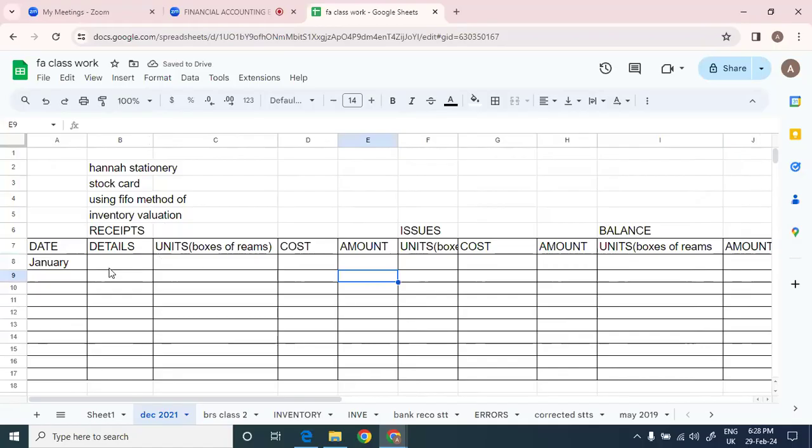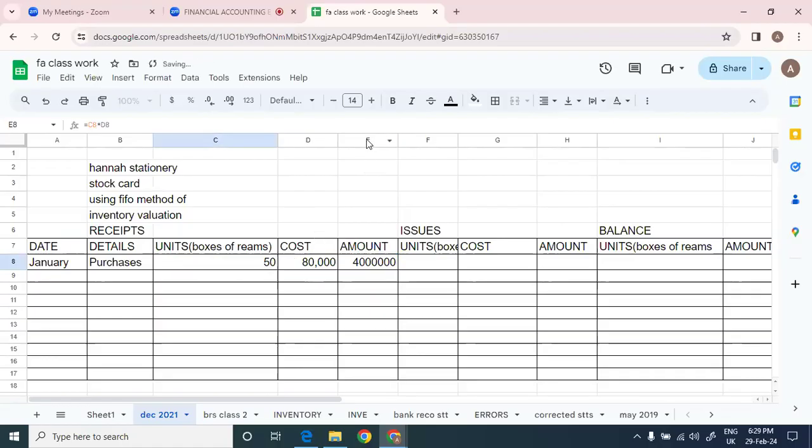Then we can start. They are saying that in January, I'm buying 50. So these ones are purchases. Units, 50. Cost, 80,000 per box. Amount is going to be 50 times 80.